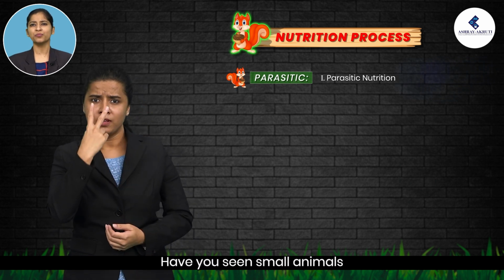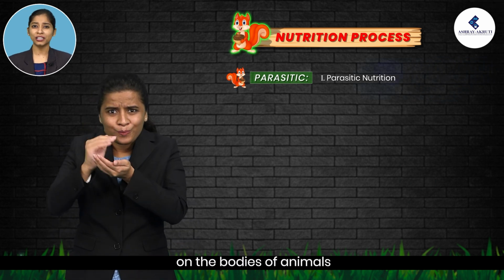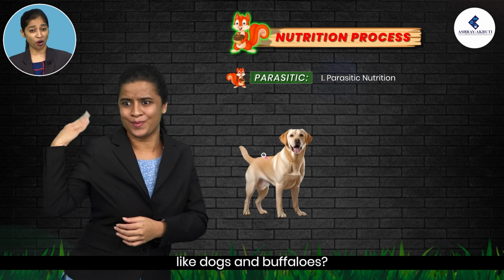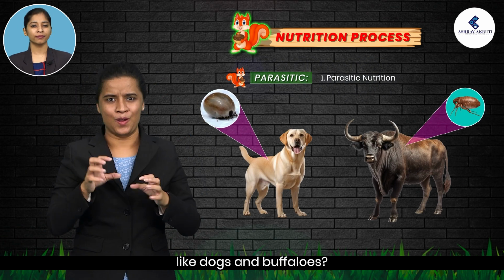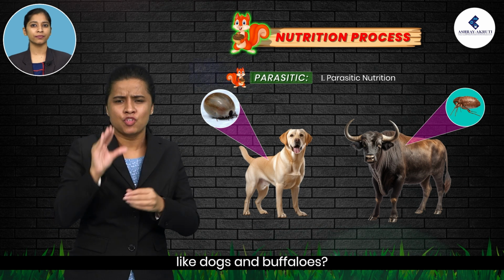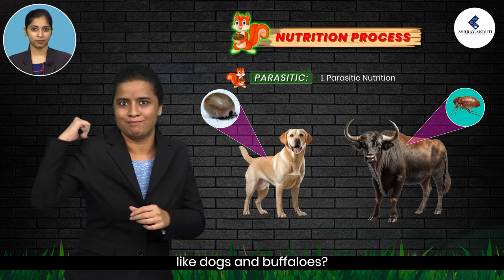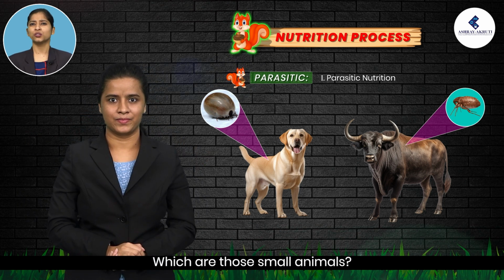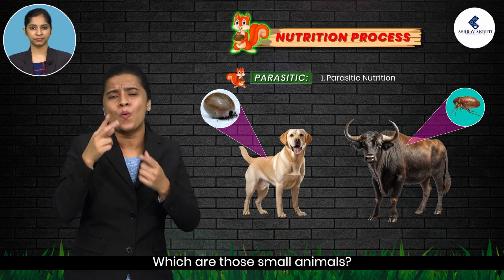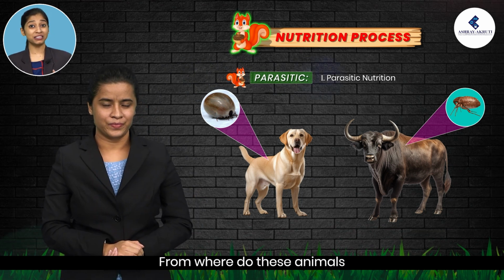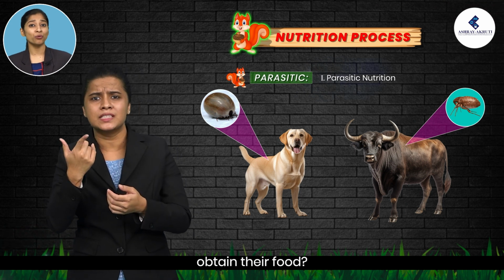Have you seen small animals on the bodies of animals, like dogs and buffaloes? Which are those small animals? From where do these animals obtain their food?